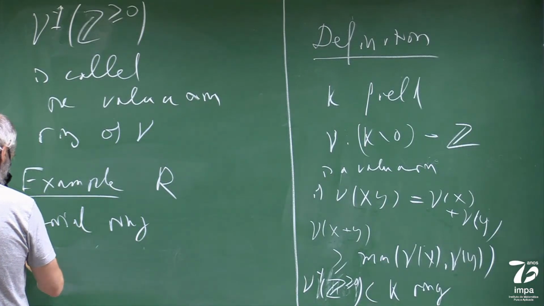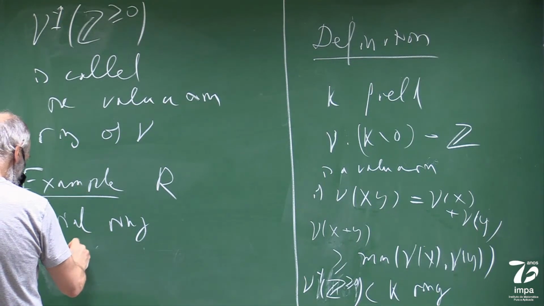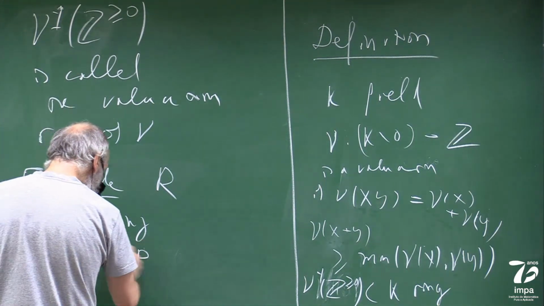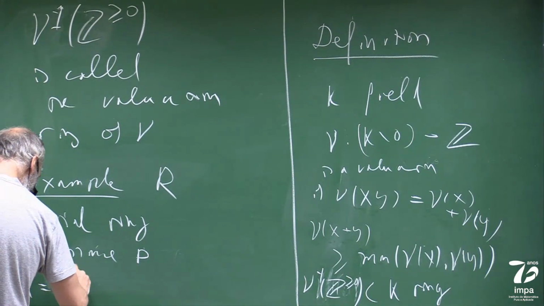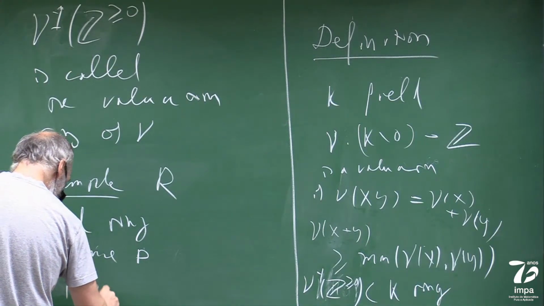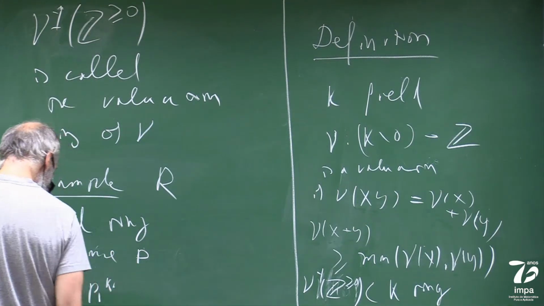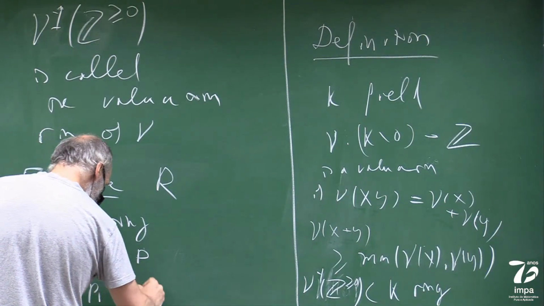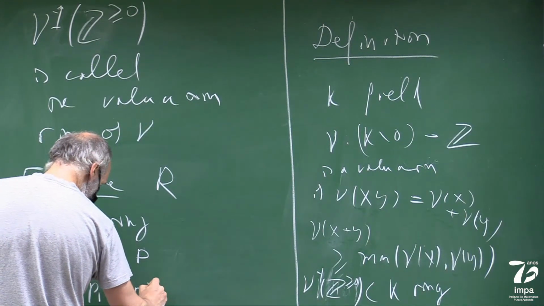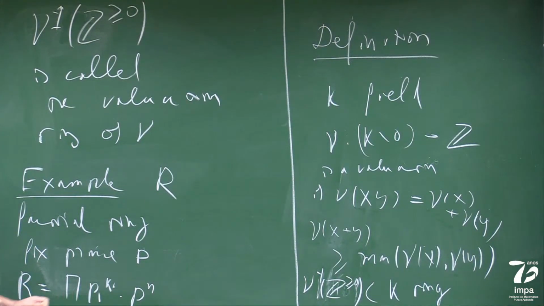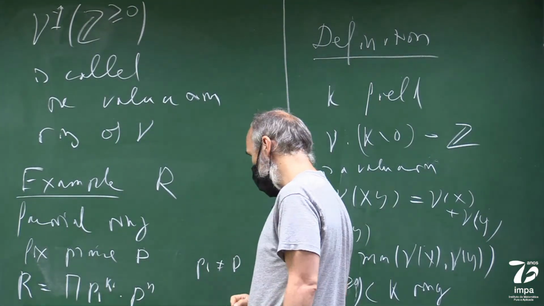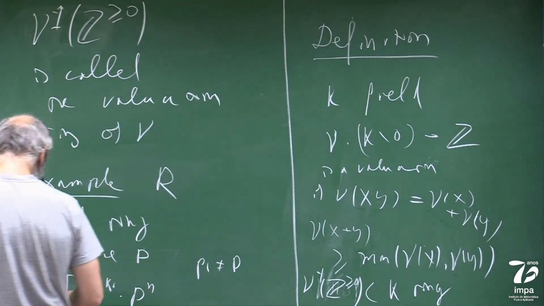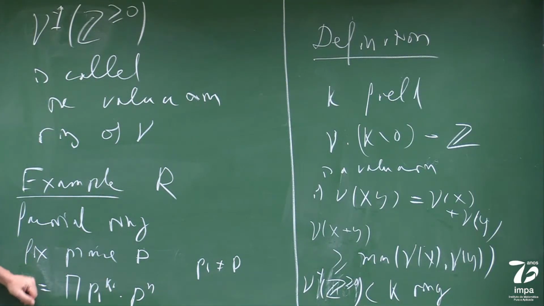Fix a prime P, and let x be a product of primes Pi to the power Ki multiplied by P to the power n, so that the Pi are not equal to P. This is a prime decomposition of an element x.